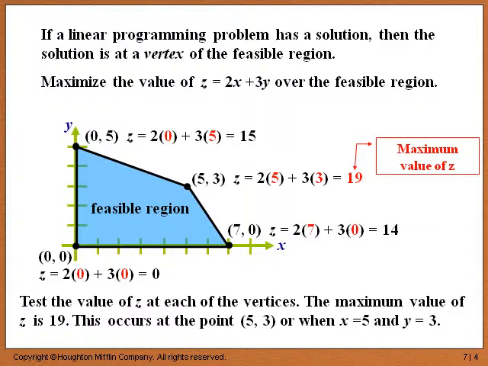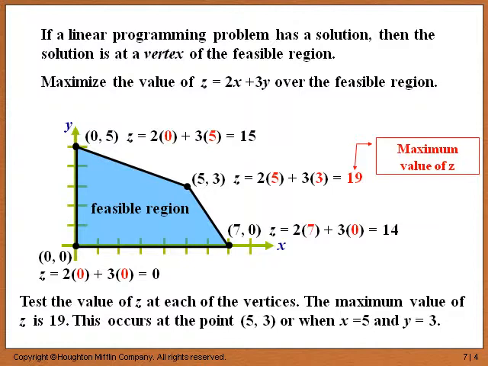And finally, we'll test the 5, 3 ordered pair. If I plug in 5, 3 into the objective function, I get z equals 2 times 5 plus 3 times 3, and that equals 19. Well, 19 is bigger than 15, and bigger than 14, and bigger than 0, so that's the maximum value of z, which, of course, also satisfies the constraints.